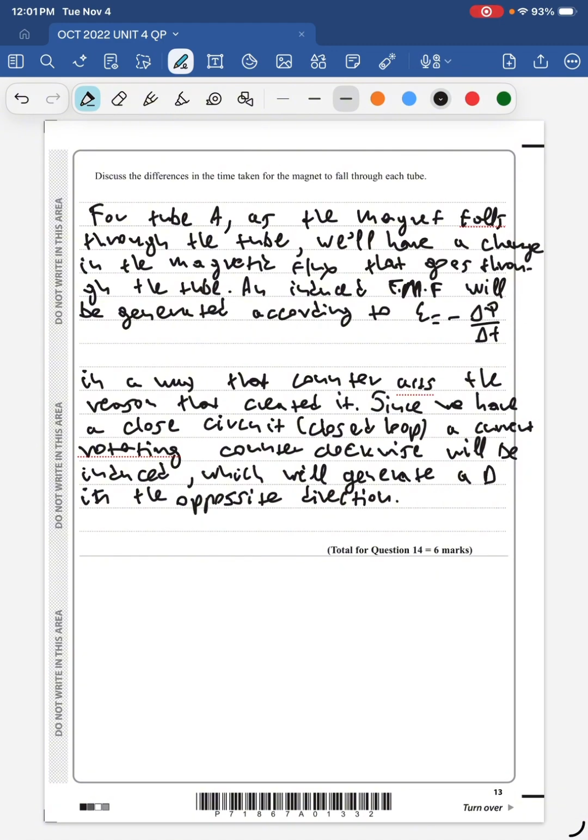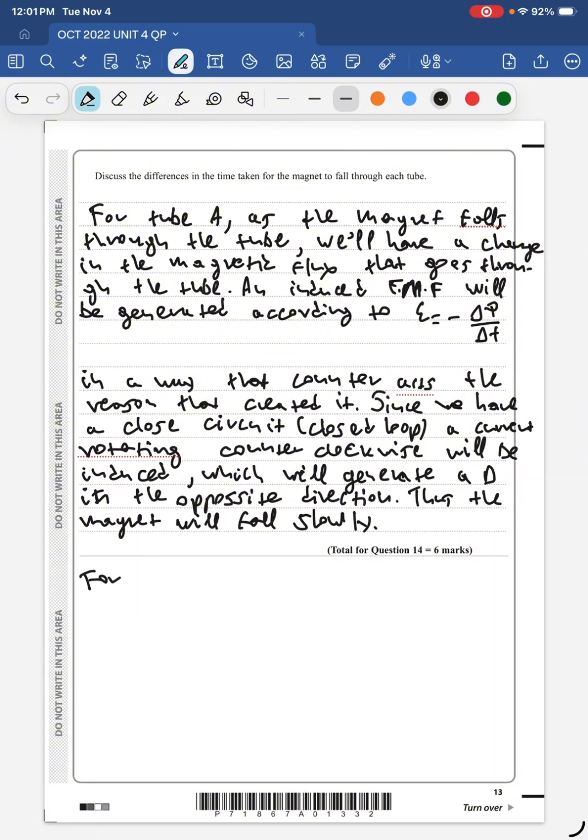So the magnet will fall slowly, because there will be an opposite magnetic field pushing it up pretty much.